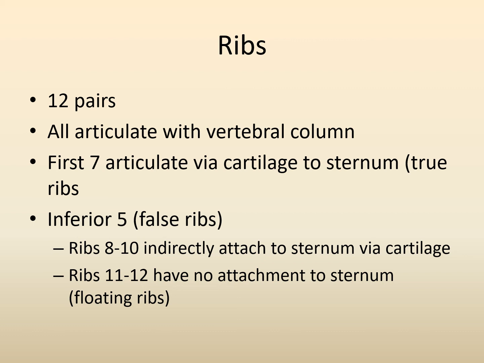The lower 5 are referred to as the false ribs because they don't attach directly to the sternum. Ribs 8 through 10 attach to cartilage, which then has to attach to the cartilage from rib number 7. So it's a roundabout way that it's attached. And then ribs 11 and 12 are also known as your floating ribs because they are not attached to the sternum at all.